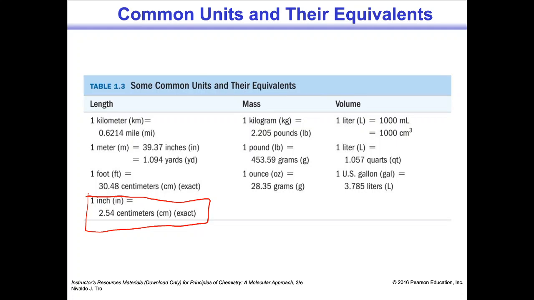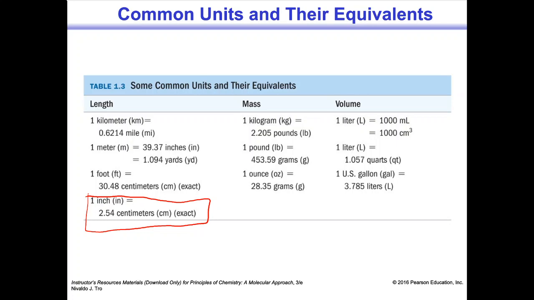If you can remember that one, you can go from inches to centimeters, and then centimeters to meters to kilometers or whatever you need. Or if you need to go from centimeters to inches, you can. Then you can just multiply by 12 or divide by 12 or whatever you need to do. But if you just know how to go from one system to the other, that's all you need to know.